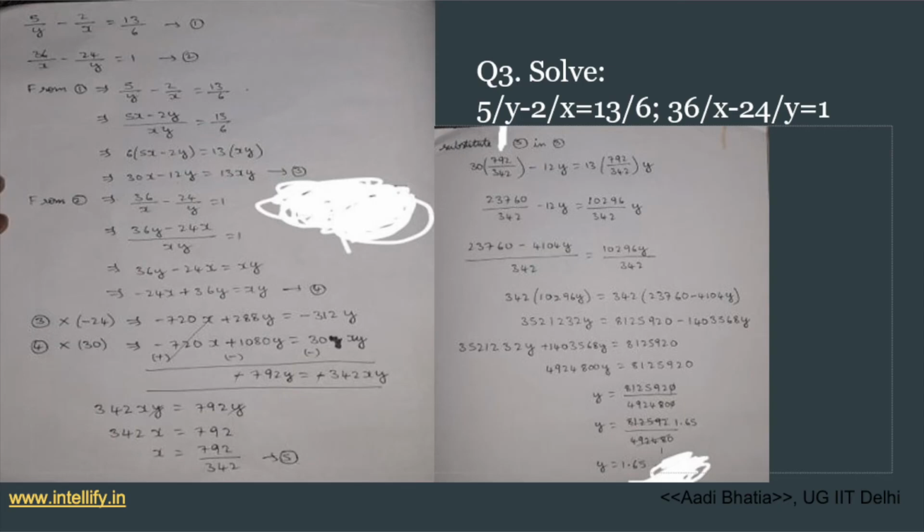Then this will form 23760 minus 4104y upon 342, which is equal to 10296y upon 342.